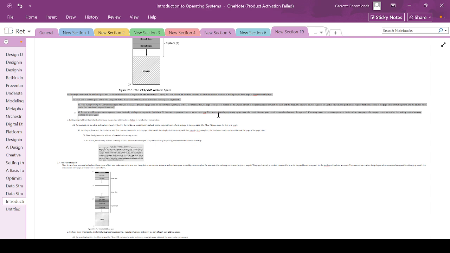So again, previously we discussed sizes of pages such as 4 bytes. Now we're seeing 512 bytes. Thus, one of the first goals of the VMS designers was to ensure that VMS would not overwhelm memory with page tables.